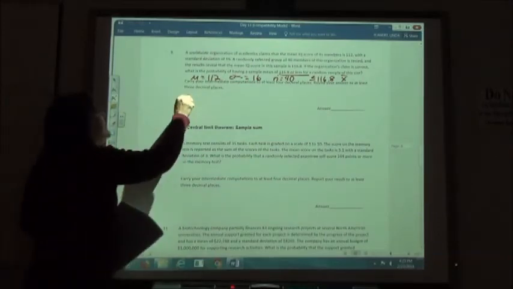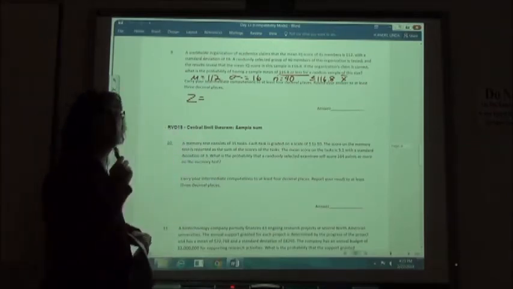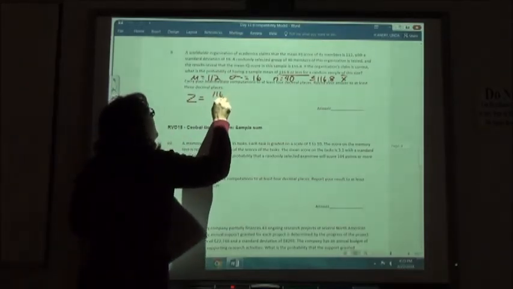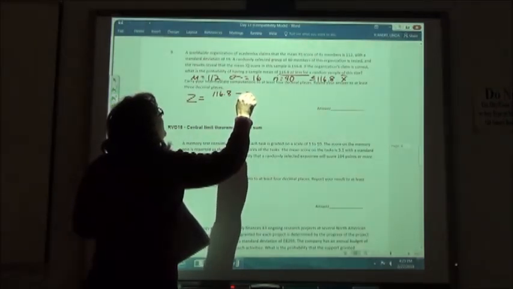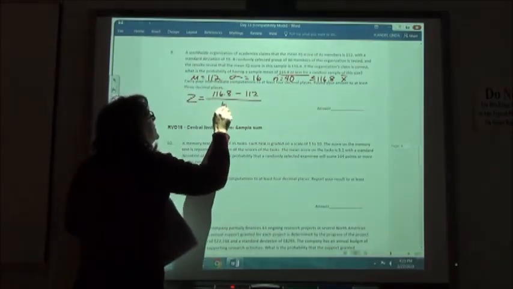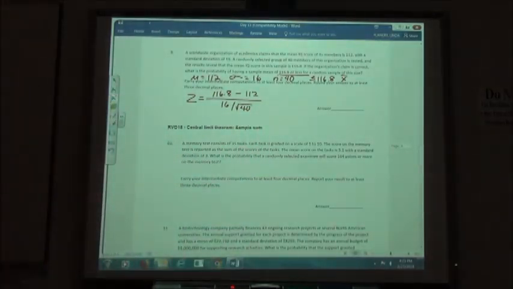All right, so to find Z, what are we going to do? The 116.8 minus the 112 divided by 16 over the square root of 40, right?